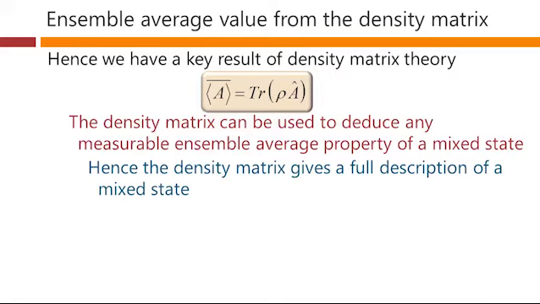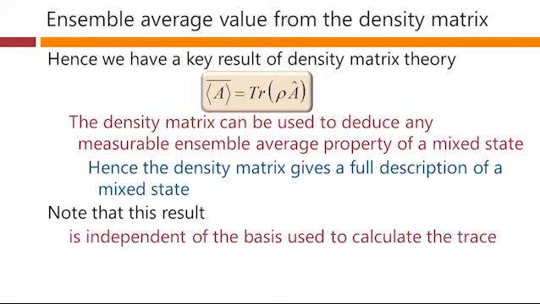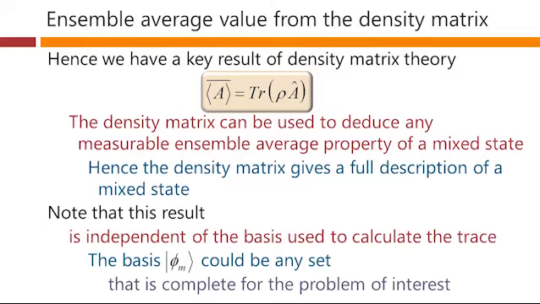Hence, the density matrix gives us a full description of a mixed state. Note that this result is independent of the basis used to calculate the trace. The basis phi m could be any complete set for the system.